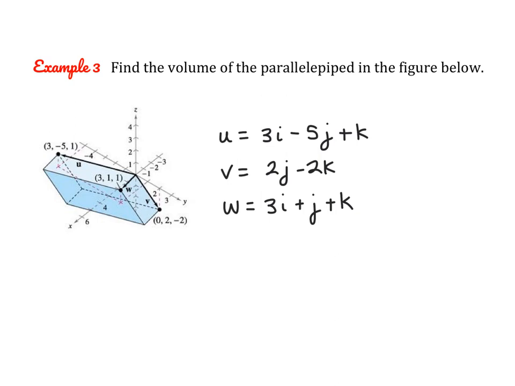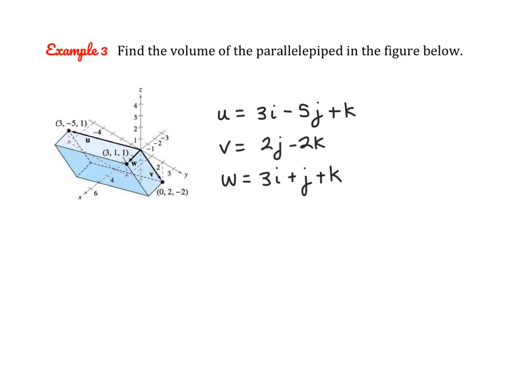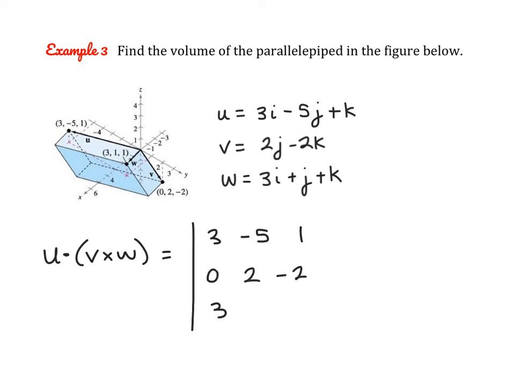So now, since we have the vectors for 3 adjacent edges of our parallelepiped, we can find the volume by taking the absolute value of the triple scalar product of u, v, and w. So let's do that. All we have to do is set up our 3 by 3 matrix using the coefficients first of u, then v, and then w. So I'm going to take this determinant using the diagonal method again.